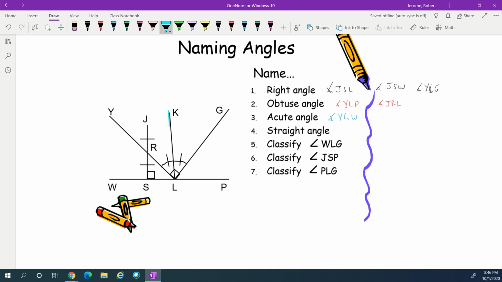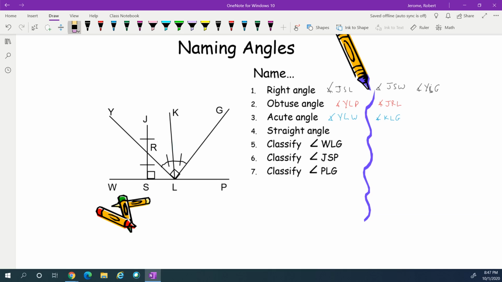How about angle KLG? That angle right there. And again, remember, we draw an arc in it. That's less than 90 also. Angle KLG. Okay. And there's a bunch. There are a bunch of angles here.